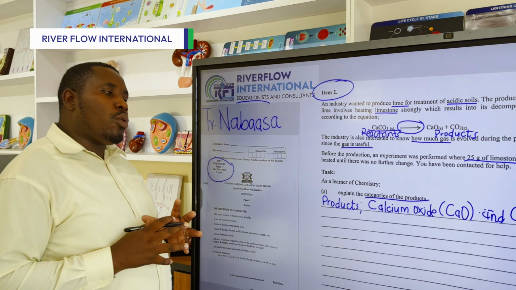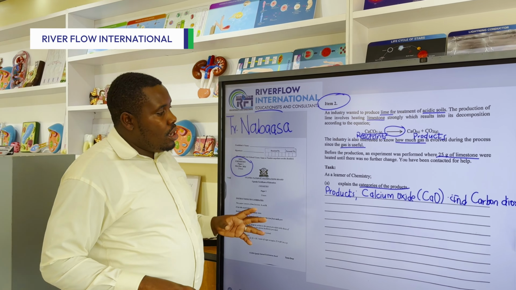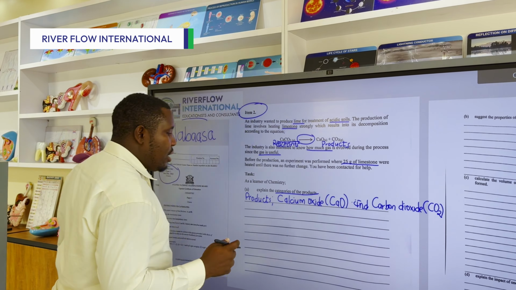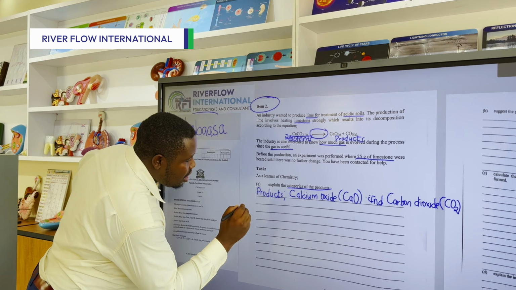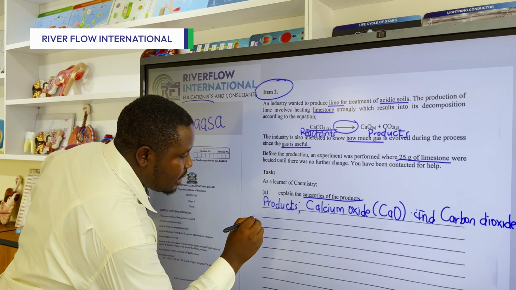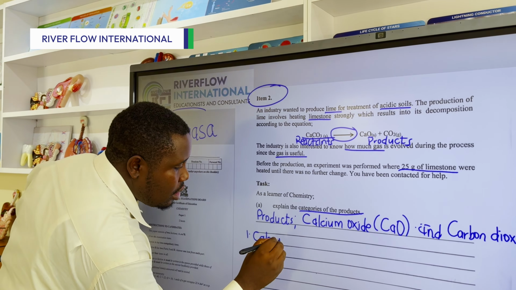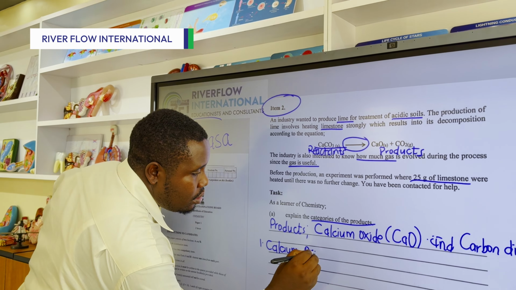Now those are our two products, so they want us to categorize them, which means we're going to categorize calcium oxide and also categorize carbon dioxide. So which one should we start with? Number one, let us start with calcium oxide.